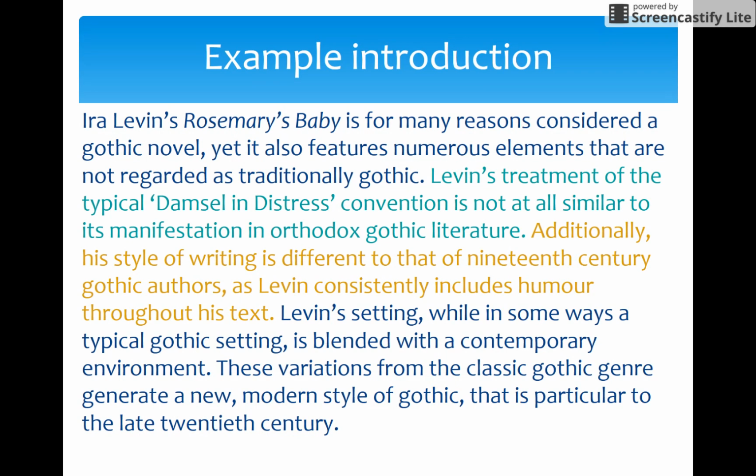We have our second supporting argument here, and this one is all about style of writing, and then specifically about humour. I know as the marker that this is what I would expect in this student's second body paragraph. And here we have the third one, and this one is all about setting. In some ways it's typical, but in other ways it's more modern.